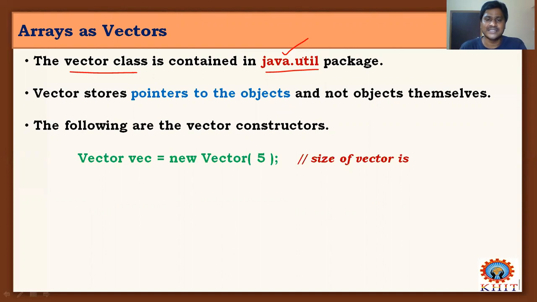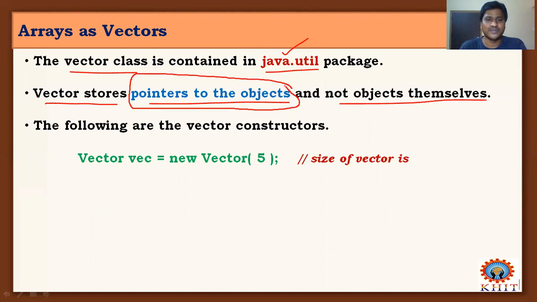The Arrays class is also contained in this package, and a vector stores pointers to the objects and not the objects themselves, holding pointers to that particular vector class object.